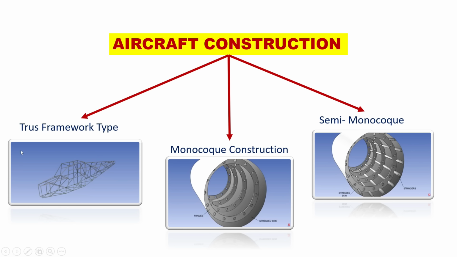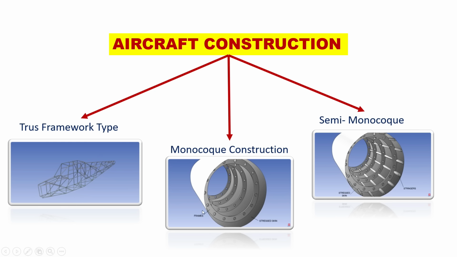So you can see the image here. This looks like a Cessna or some trainer aircraft. What they've done is they've taken various steel pipes and joined them in some geometric shape, and this is called truss framework. I will go into detail later on. And second is what? Monocoque construction.